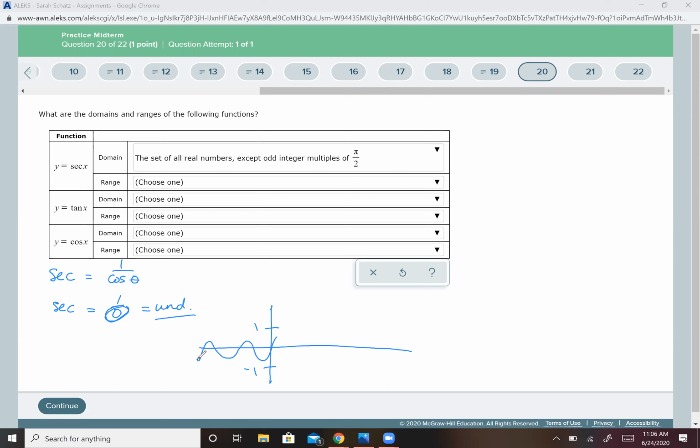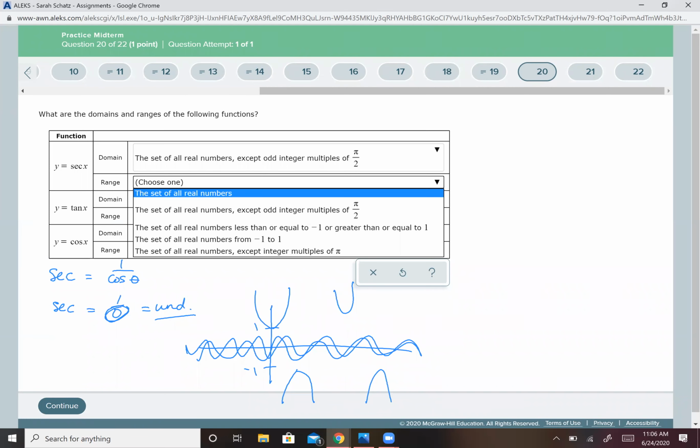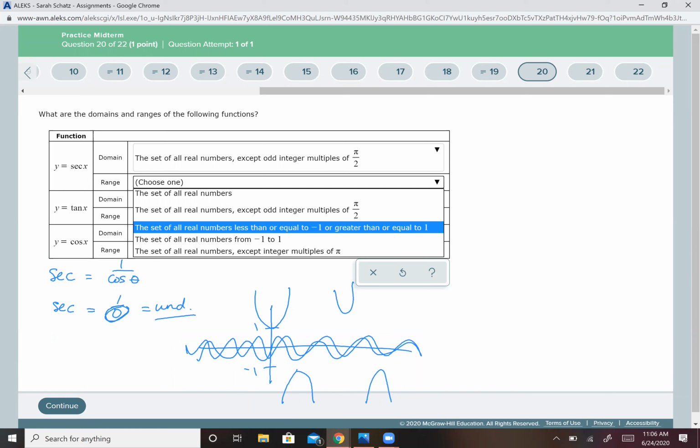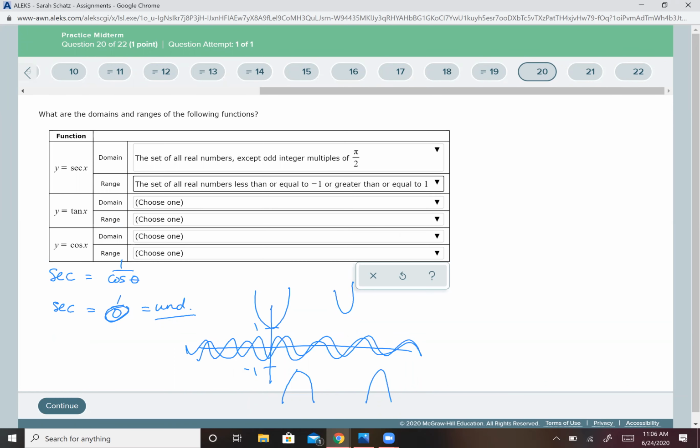Sine and cosine live here between 1 and -1, but secant and cosecant live here outside of 1 and -1, right? Because they're the reciprocals of sine and cosine, both secant and cosecant have a range of less than -1 or greater than +1.